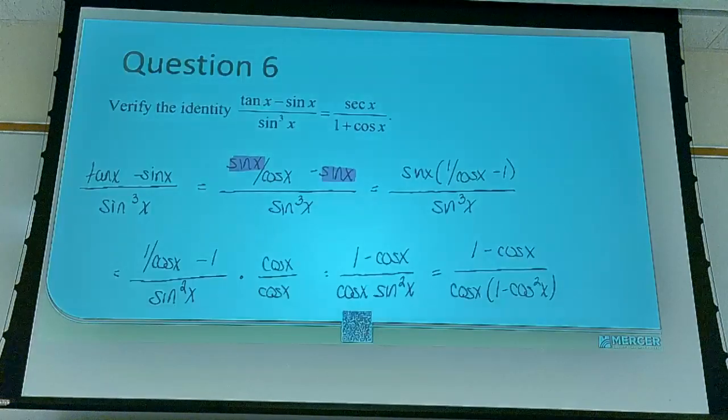But 1 minus cosine squared is the difference of squares, right?